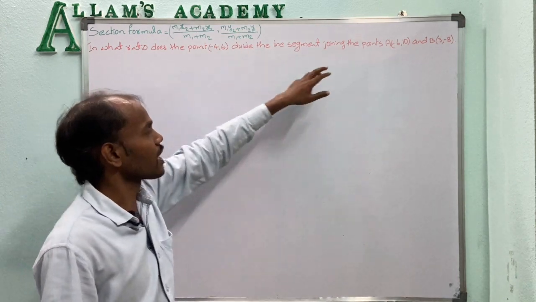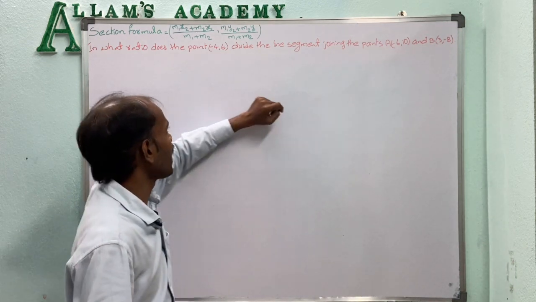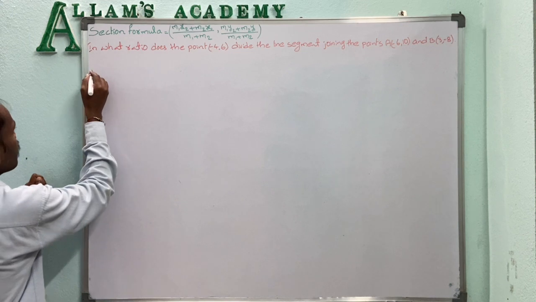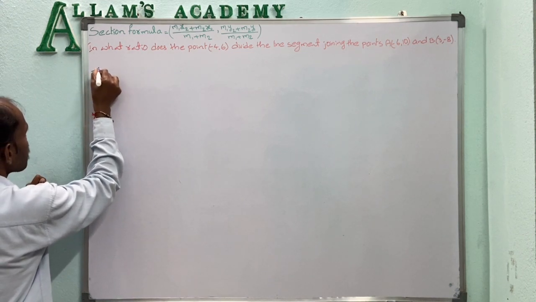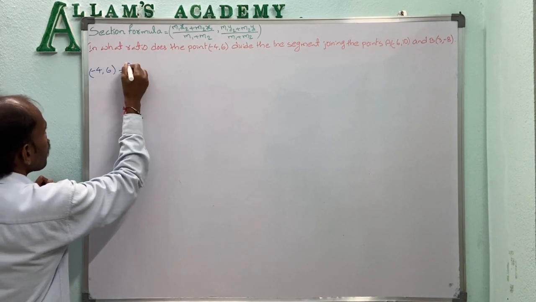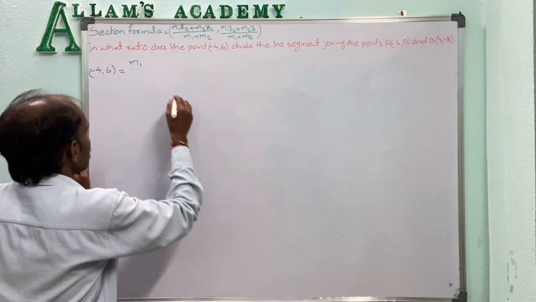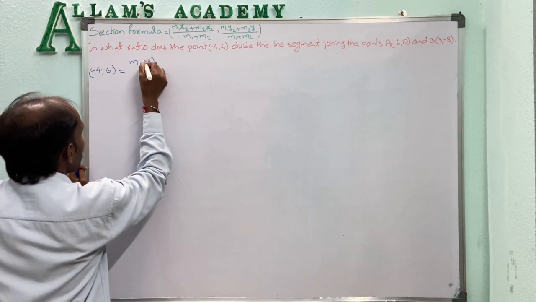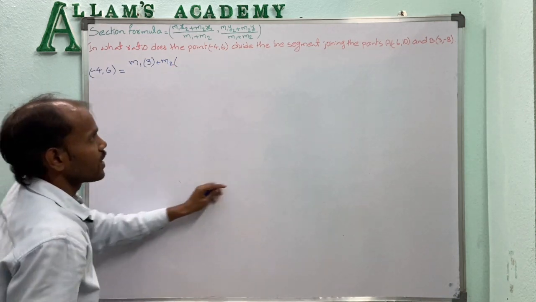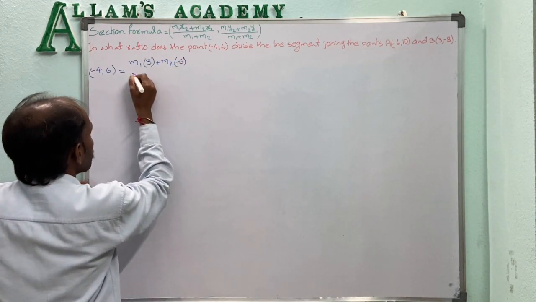So here x1, y1 are point A, x2, y2 are point B, and the point P is minus 4 comma 6. So minus 4 comma 6 is equal to m1 into x2, x2 is point B, that is 3, plus m2 into x1, the x1 is point A, that is minus 6, by m1 plus m2.